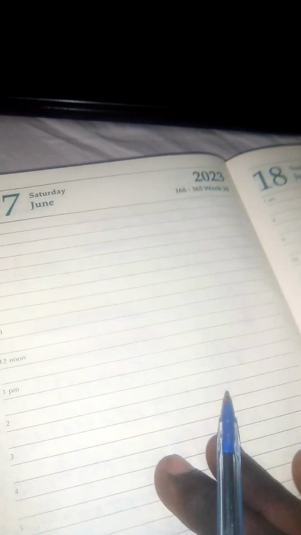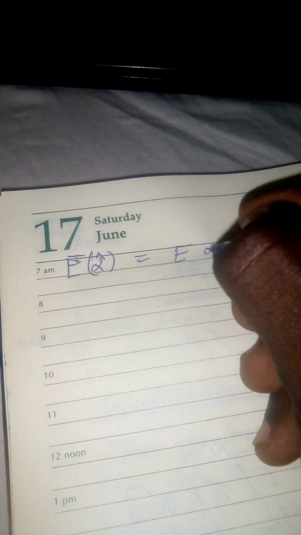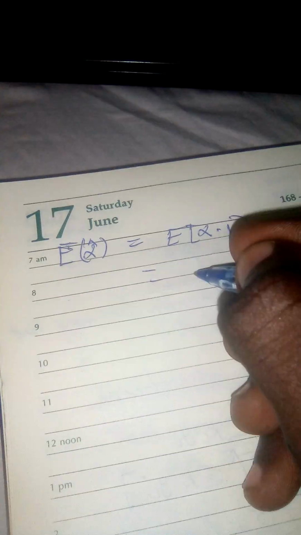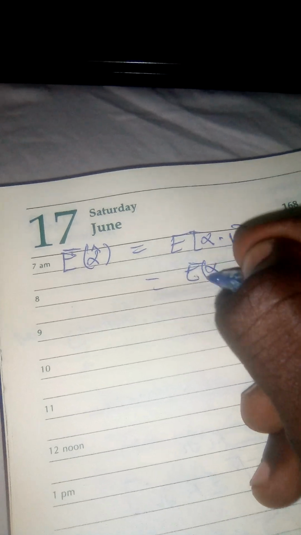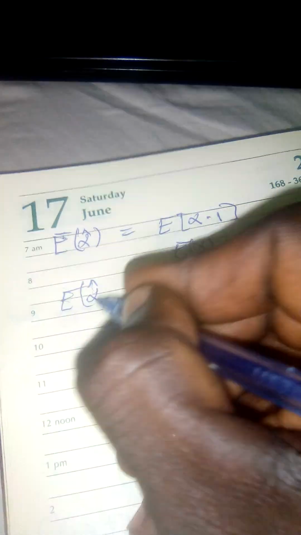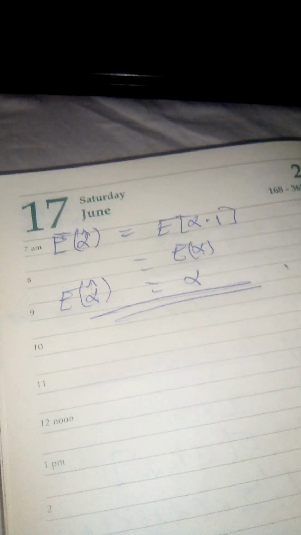Let's continue. On substitution, the expectation of alpha hat will equal the expectation of alpha times 1, which is equal to the expectation of alpha. Remember alpha is a constant, so the expectation of alpha hat gives us that constant.